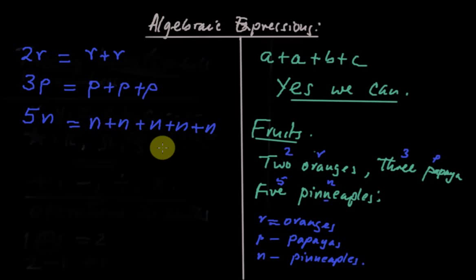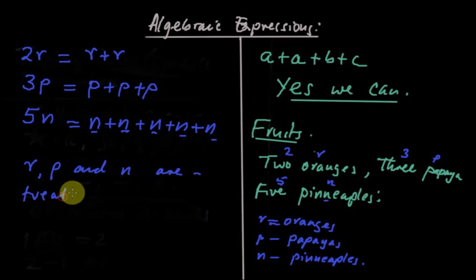So you see that these letters here have been treated like numbers. We have added them the way we add numbers. So we'll say R, P, and N are treated like numbers.